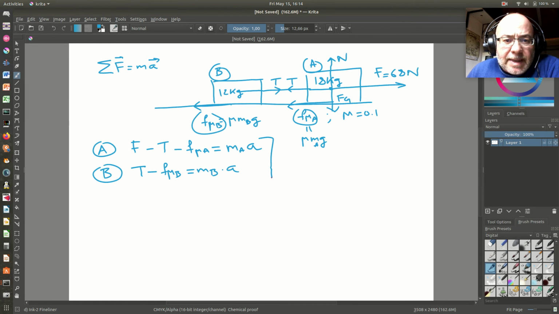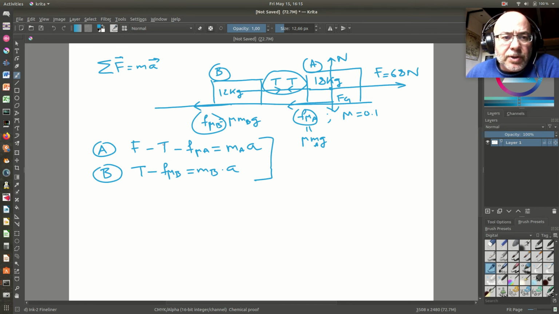So now we have a set of two equations. What do we do to know the acceleration and the tension? What do we do first? As you can see here, if we add the two equations, we have minus T and plus T, the tensions are the same, so the T's will go away.